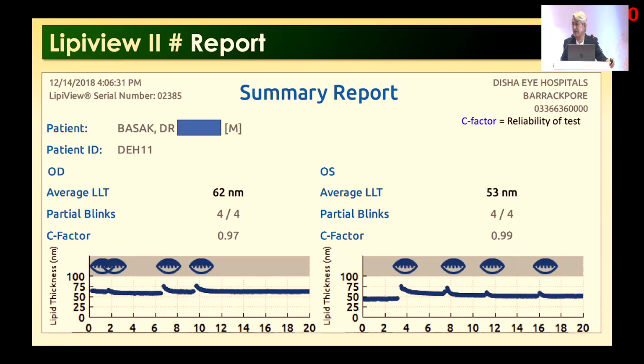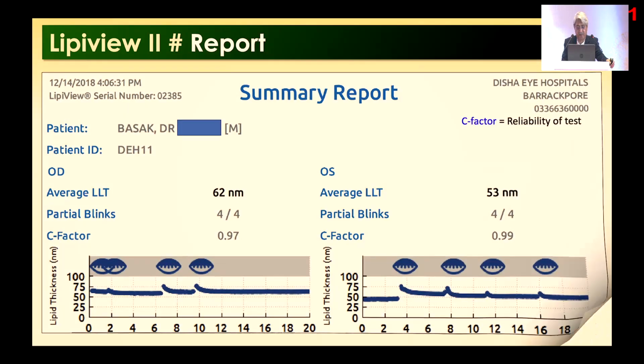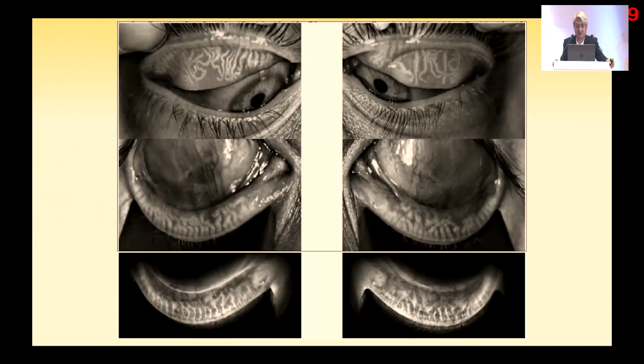C factor means if it is more than 0.9, your capture is right. If you see my glands in the upper lid, in both eyes it is disturbed. There is no gland pattern. It is tortuous. In some places there is dropout area, so much dropout. The lower lid is also a similar kind of picture.